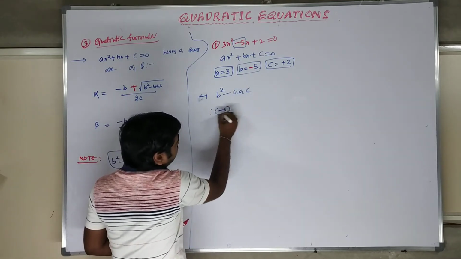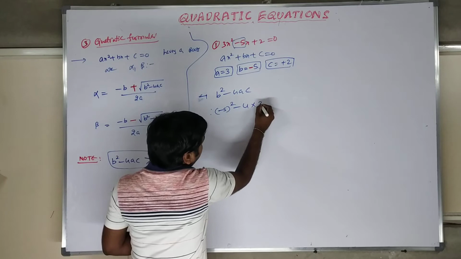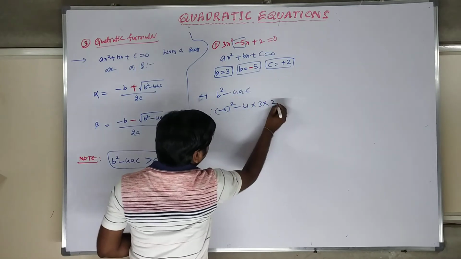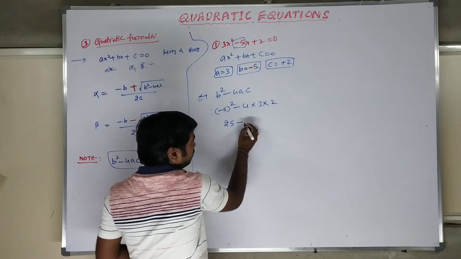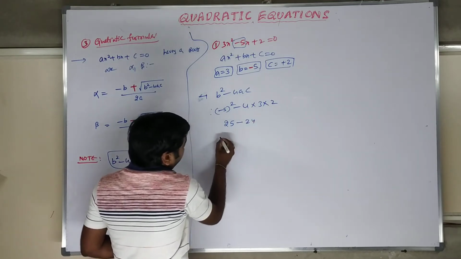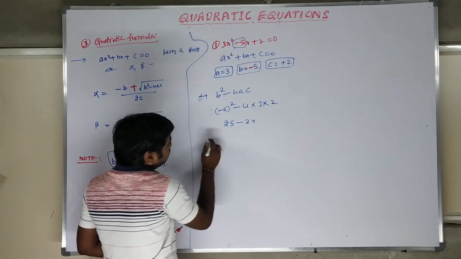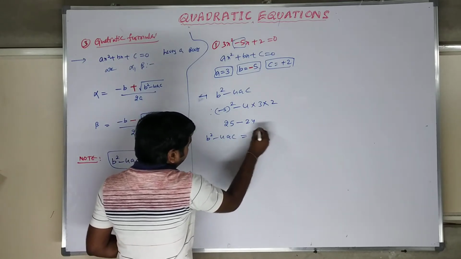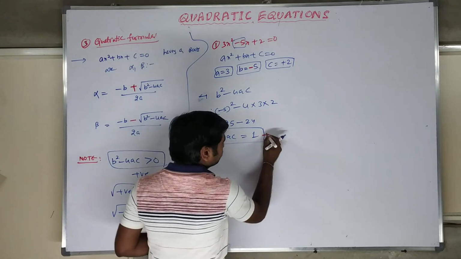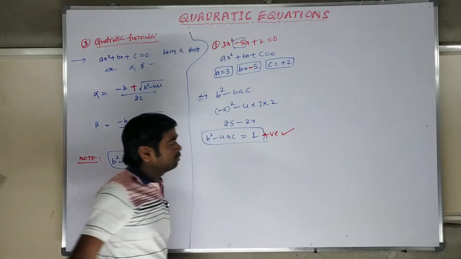Minus 5 whole square is 25. 4 into a into c: 4 threes are 12, 12 twos are 24. 25 minus 24 is 1. So b square minus 4ac is equal to 1. This answer is positive, so we can continue our solution.